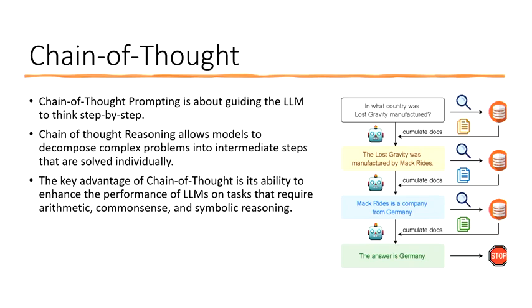And then it goes again to the internet and accumulates other documents, and it finds out that Mack Rides is a company from Germany. So the answer will be Germany, right? So it will use chain of thought. Chain of thought is very useful in large language models. When you are giving instructions or it is producing them, it will make the answer more accurate.